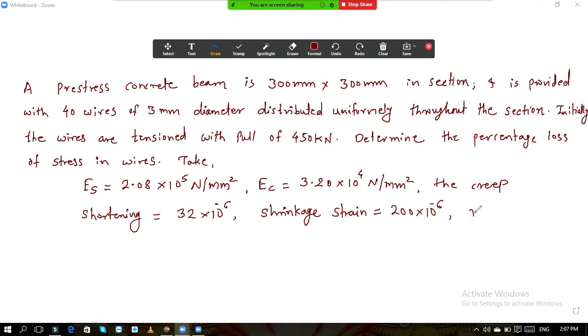Then relaxation loss of stress in steel is equal to 4.5% of initial stress.